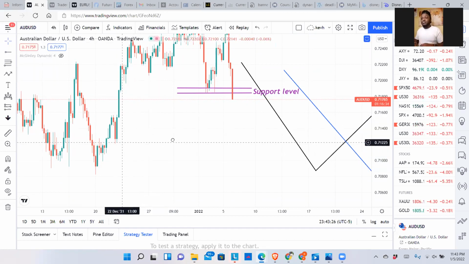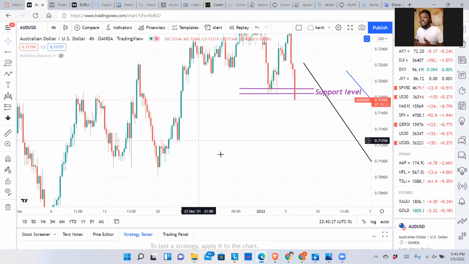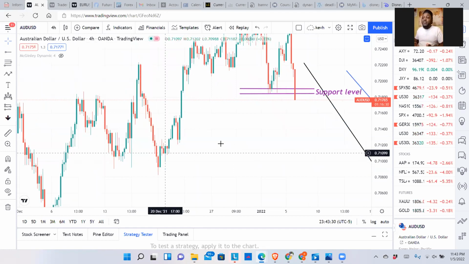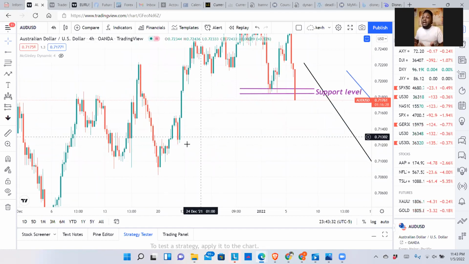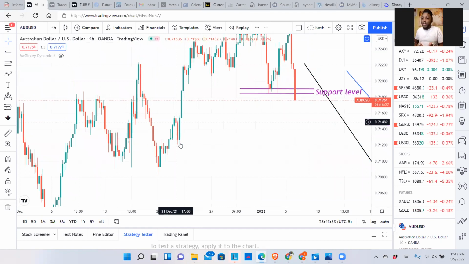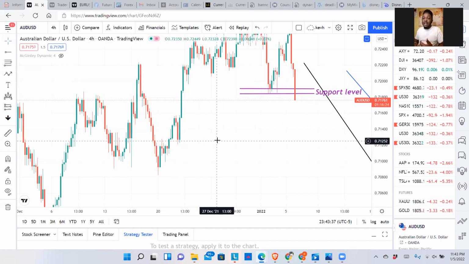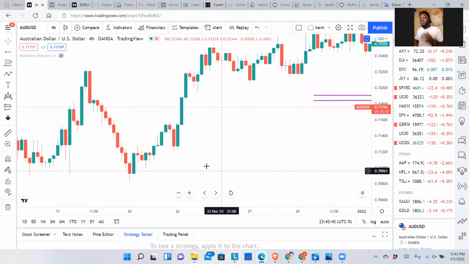Now, you want to identify the area, right, where the market pushed down first before it went up, right? Now, this is also going to have something to do with some smart money concepts and all that, but keeping it simple, right? Keeping it very simple.